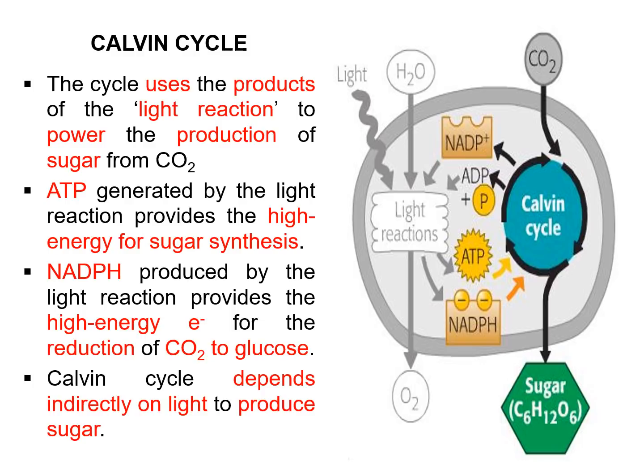Meanwhile, the reduced electron carrier, which is NADPH, produced by the light reaction, will also provide high energy of electrons for the reduction of CO2 to form glucose. And we can say the Calvin cycle process depends indirectly on light to produce sugar. However, the Calvin cycle and light reaction are interconnected and dependent on one another.